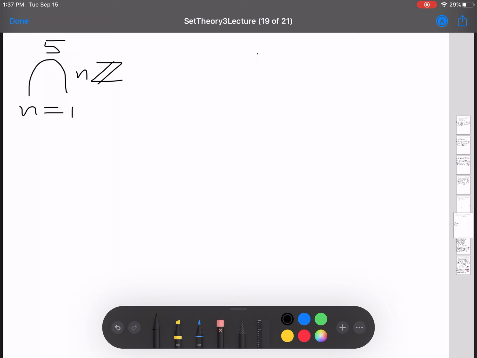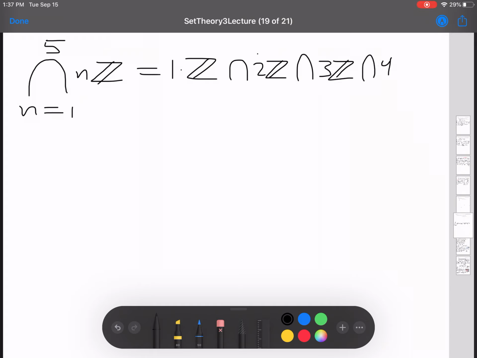All right, so what you need to do is figure out what this thing looks like. Okay. So first thing I would do is just write this out. So this is 1z intersect 2z intersect 3z intersect 4z intersect 5z.